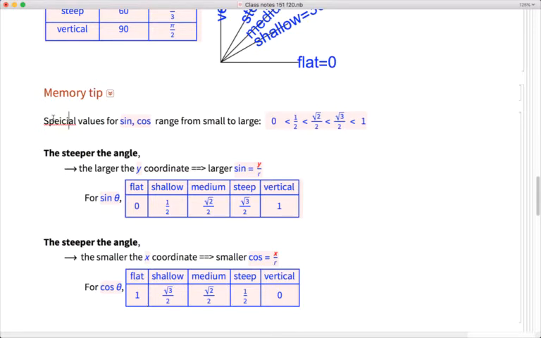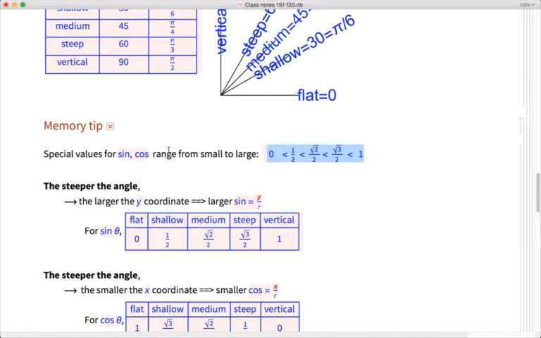Okay, so for what it's worth, I will tell you what I usually do to try to recall these special values of sine and cosine for these special angles. Remember that in the table, the sine and cosine always have one of these 5 values. And here they're listed from small to large, 0 up to 1, and they're in order. So what I like to think about is this idea of steepness.